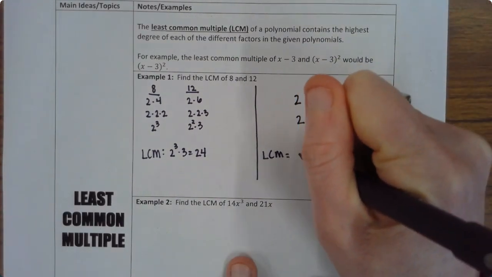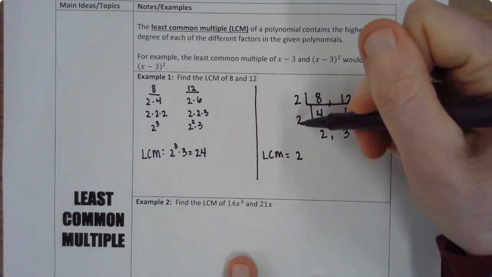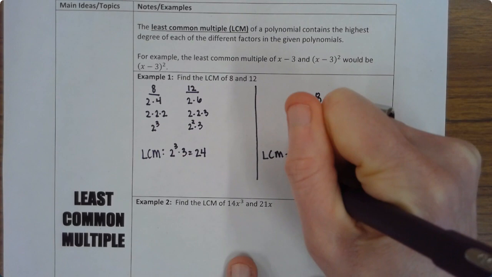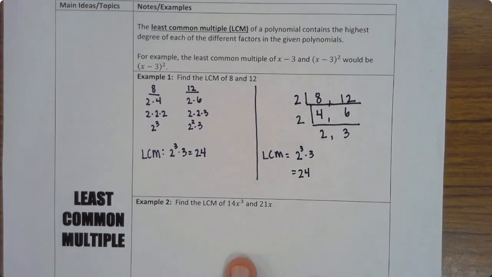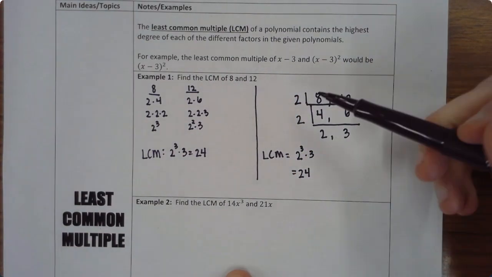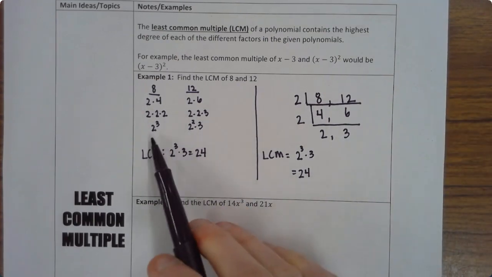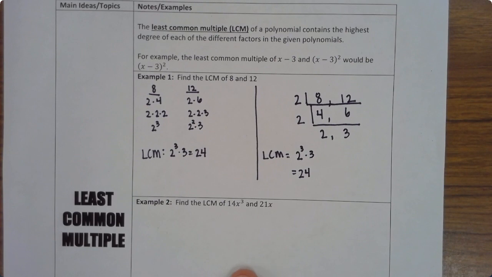And you're going to notice we end up with the same thing. I have 2 times 2 times 2, or 2 to the third, and then that extra 3. And we get 24 that way. So this just kind of keeps our data organized a little bit better, whereas here we're factoring individually and then putting the pieces together.